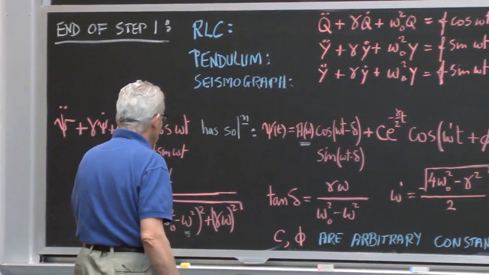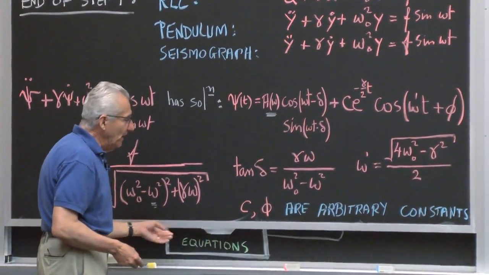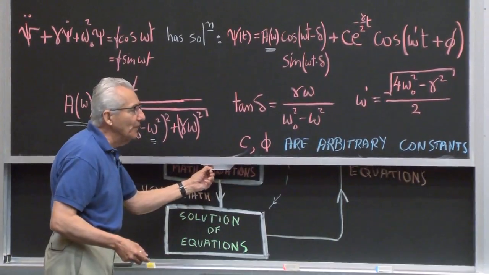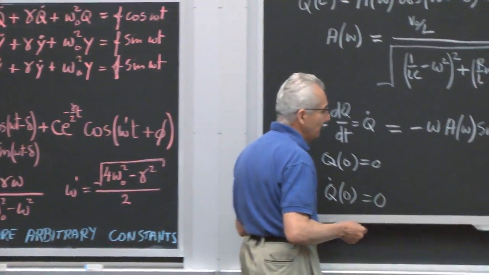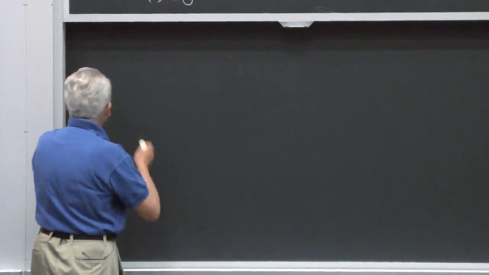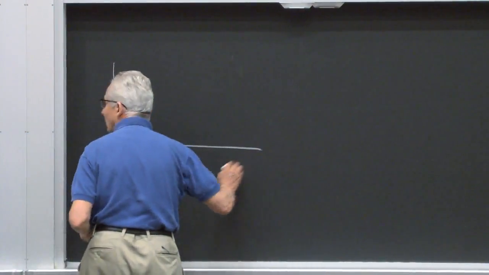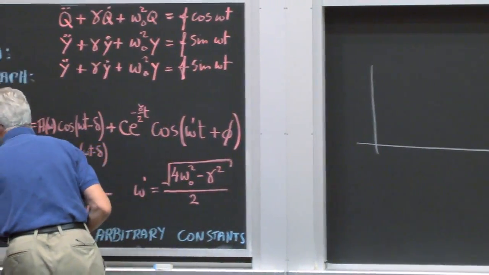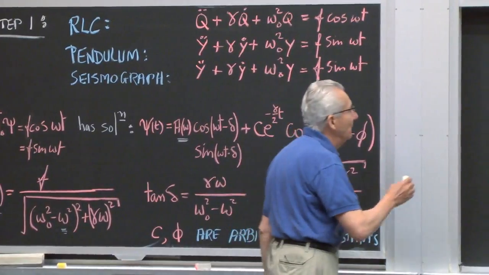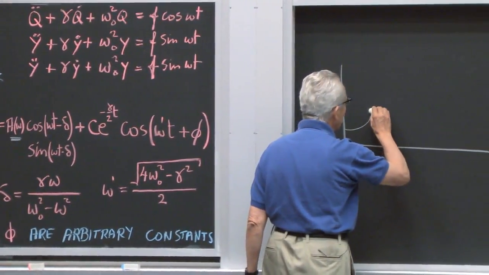If this driver really had a definite frequency, I could solve this problem to find the maximum. If I plotted this as a function of omega, I would get a curve something like this.